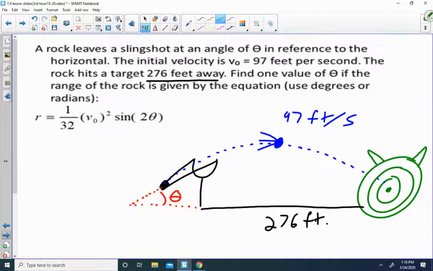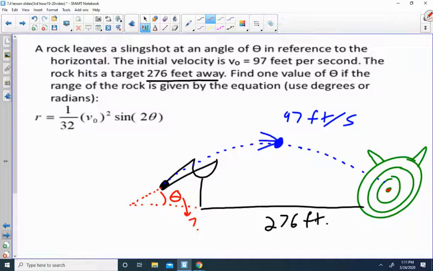I mean, it's a horrible sketch for a pig, but I think you guys get the gist of it. So this is basically just a drawing of the scenario that we're dealing with. And what we're trying to find is what angle we would have to pull the slingshot at so that we perfectly hit the target.